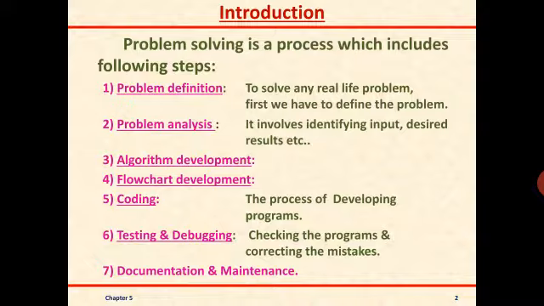Then once we write any program, it has to be tested for its correctness. Simply correctness is not enough. Once we find any mistake, we have to rectify those mistakes, and that procedure is nothing but testing and debugging.